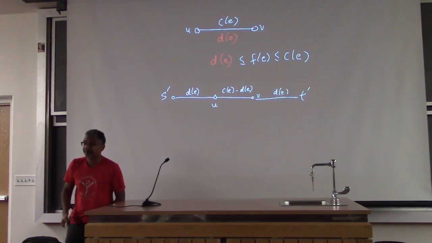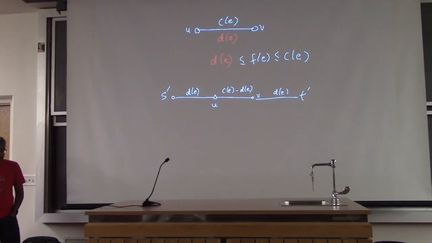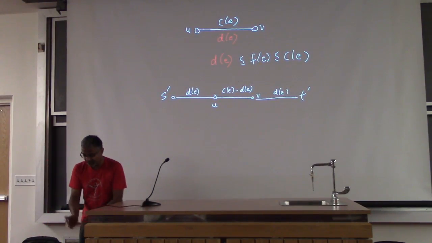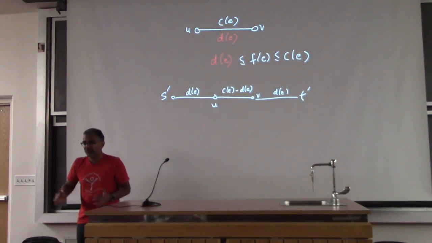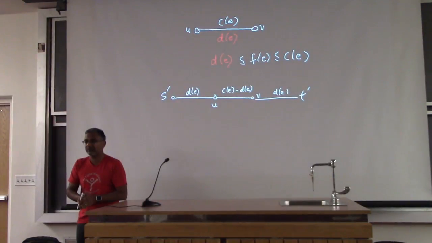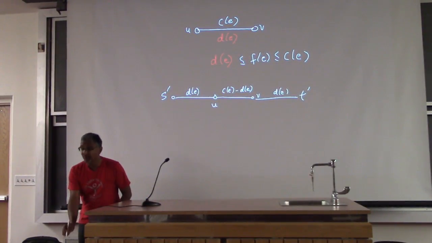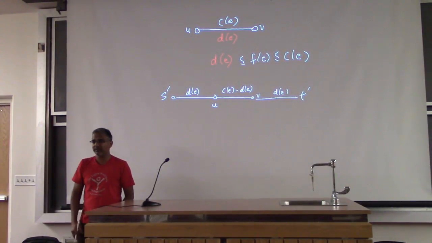And you can do this for every single vertex. So if you have multiple, what will happen is that you'll have multiple edges from the source to a particular vertex, and you just combine them into one gigantic edge, because there's an edge from S prime to U for every edge coming out of U. So there'll be multiple edges from S prime to U, just combine them into one big edge.